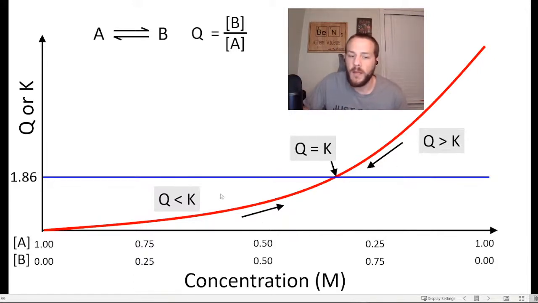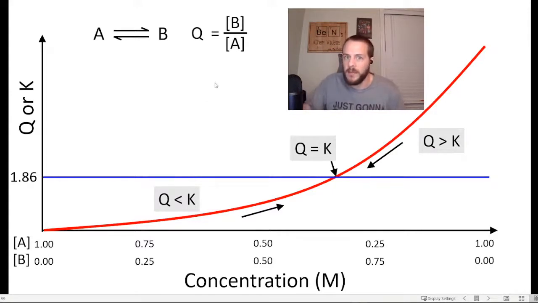Notice that on the left-hand side of this graph, Q is less than K. This shows concentrations of A and B on the x-axis and Q or K on the y-axis. If Q is less than K, the reaction is going to proceed more toward the right; more of that A is going to react to form B until Q is equal to K. On the flip side, on the right where Q is greater than K, the reverse reaction is going to speed up until equilibrium is reached.